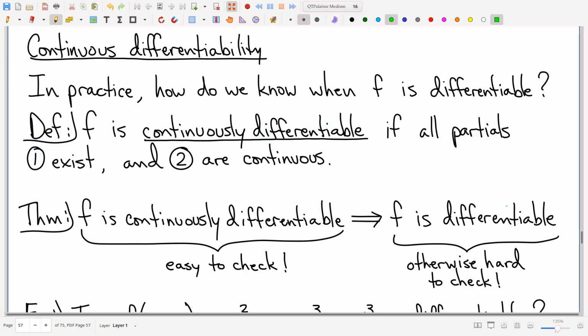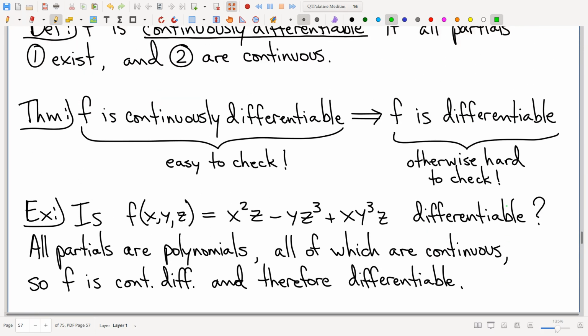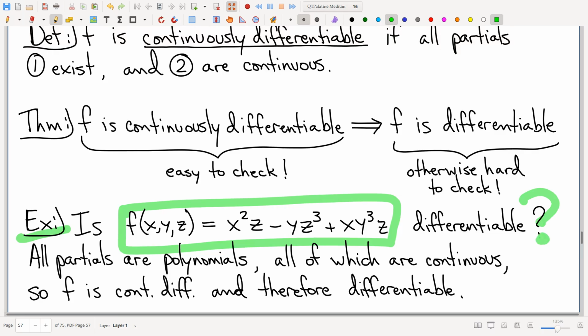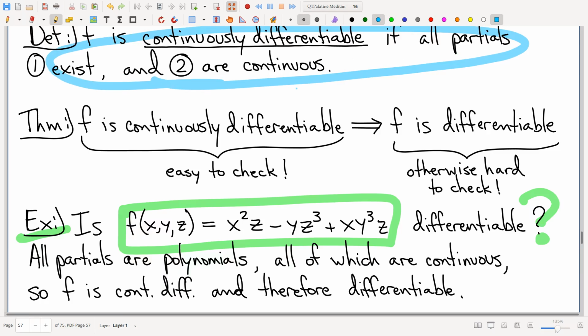Okay, let's see this in action. So here's the example. Here is a function, and I want to know, is it differentiable? Now again, if you go straight at this question, if you look back at the definition of differentiability, you've got some severe ugliness to contend with, and please don't do that. Right? So we're going to do this the easy way. I'm going to confirm that it is continuously differentiable.